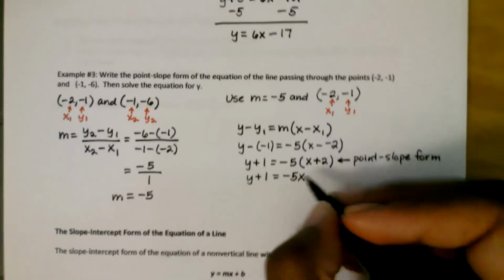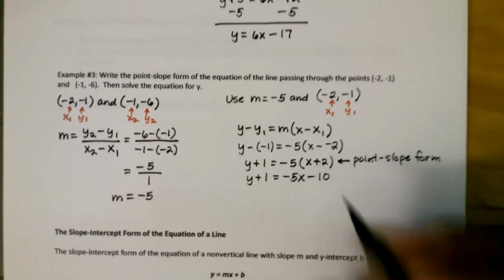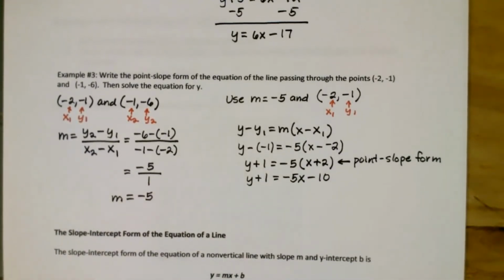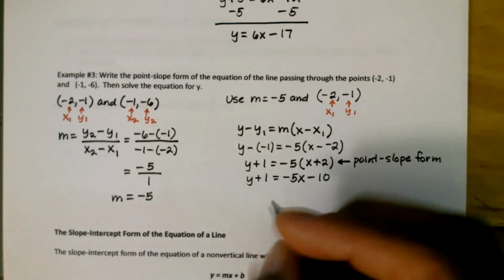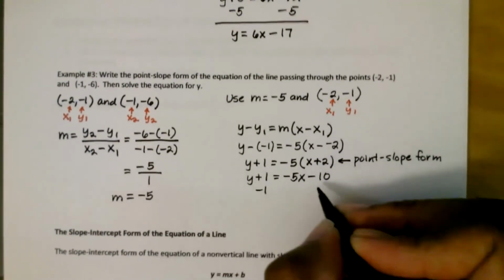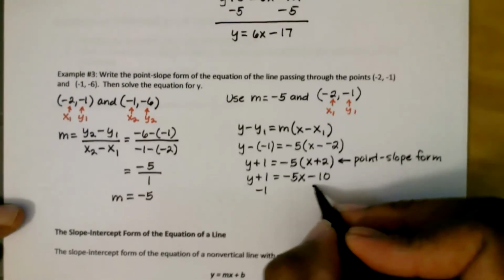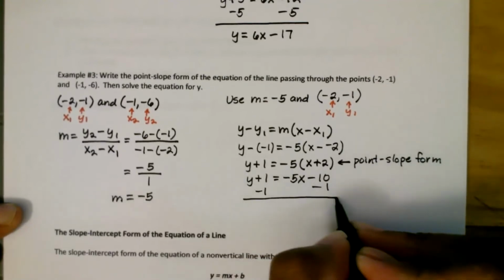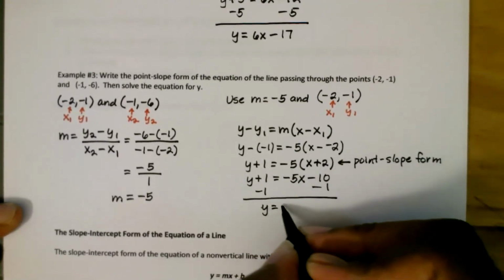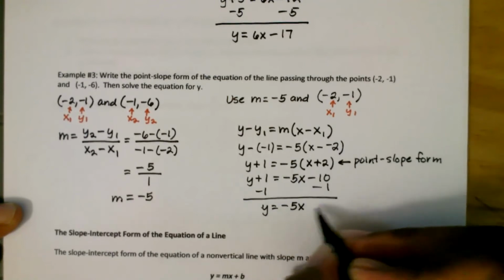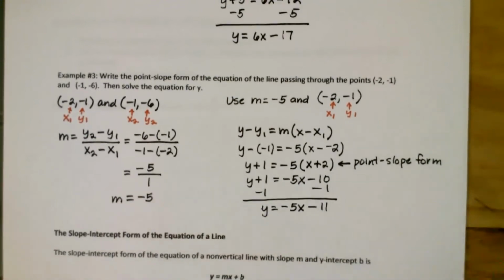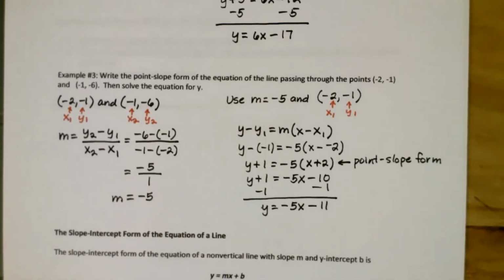And -5 times the plus 2 would be -10. So that y plus 1 is equal to -5x minus 10. And to solve for y, I'm adding 1, so I need to subtract 1 on both sides. So that means y is equal to -5x minus 11. So that's your equation solved for y.